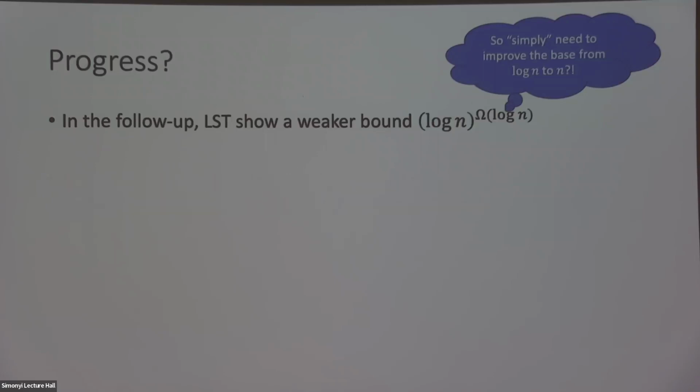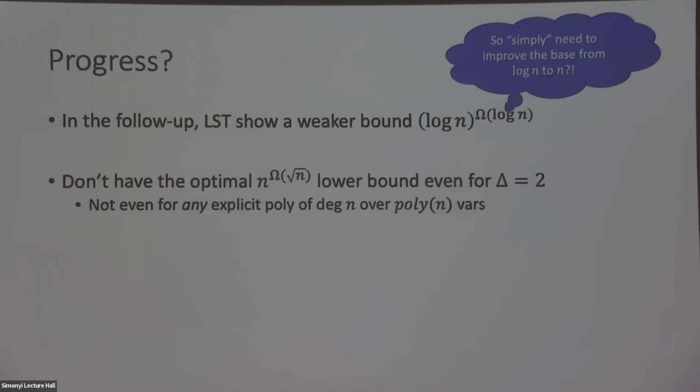Okay, so the goal is, let's prove these optimal lower bounds as we can for set multilinear formulas and try to make the hard polynomial IMM. And in fact, we're talking about these optimal lower bounds for set multilinear formulas. We didn't have optimal lower bounds even for bounded depth set multilinear formulas.